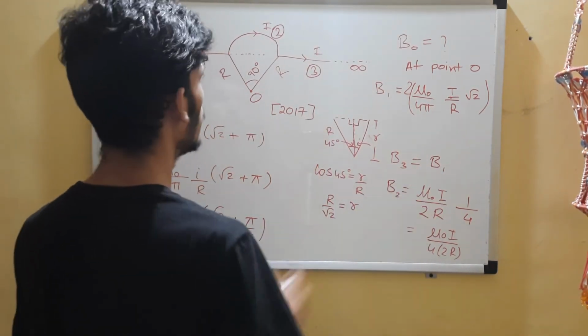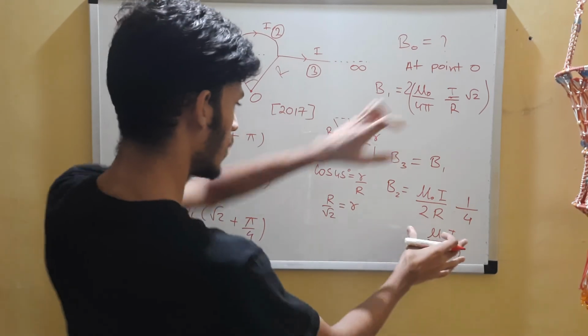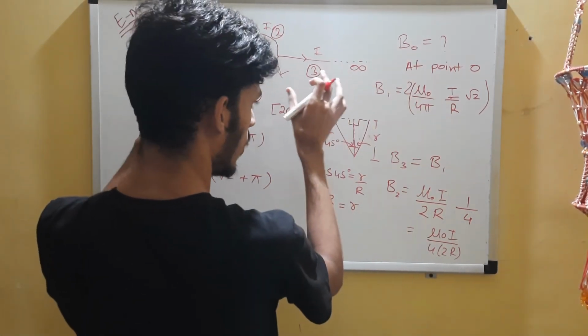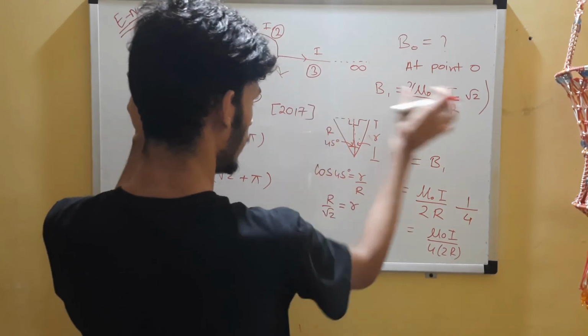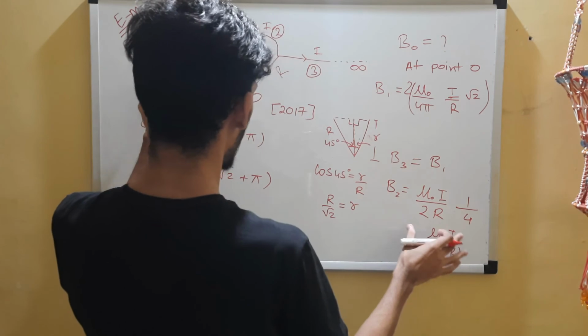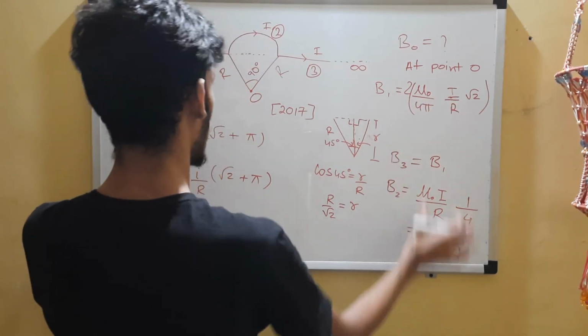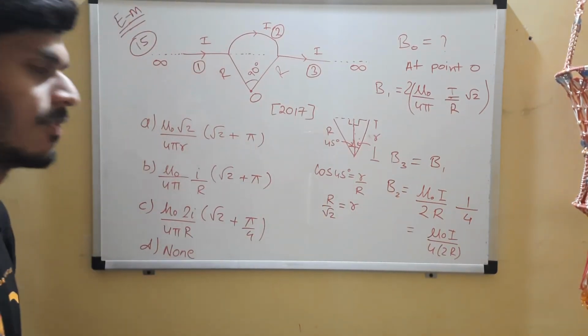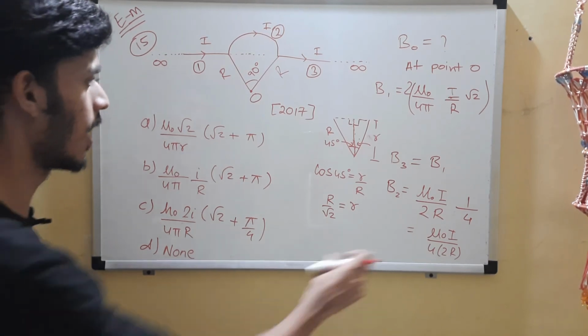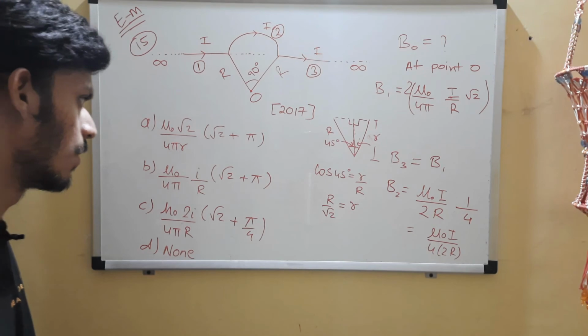So we have to just add these two fields now. We have already found out the fields B3 and B1, we have already added them up 2 times, right? So here you have to add it with B2, in order to find the net field at point O due to all of these 3 elements. So we have to add this and that.